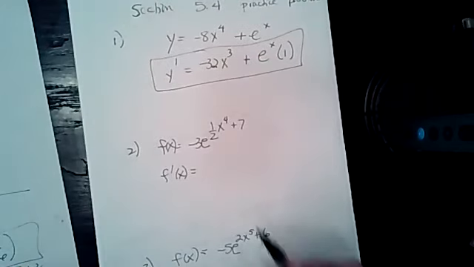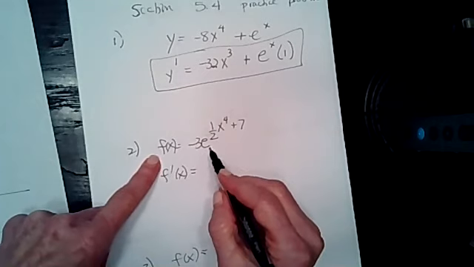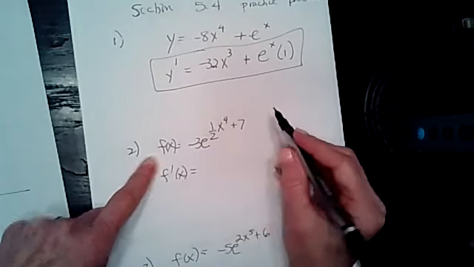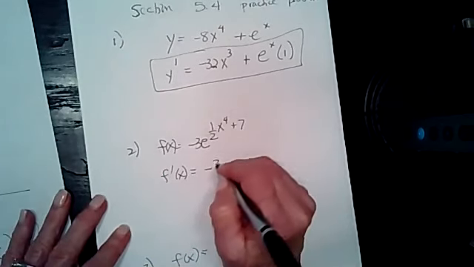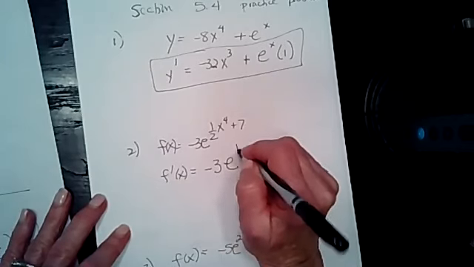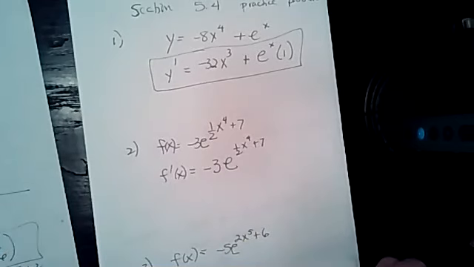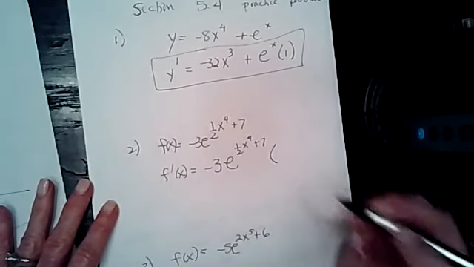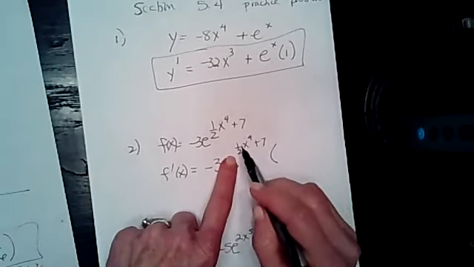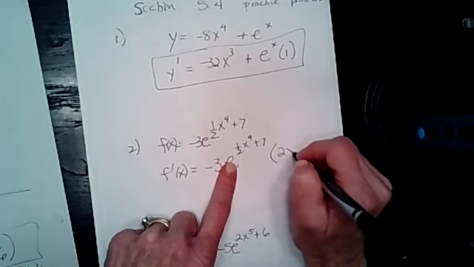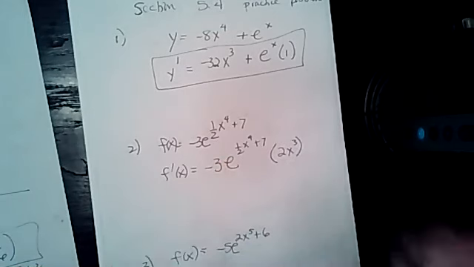All right, so number 2 is negative 3, a constant, times e to a power. So the derivative is negative 3e to the 1/2 x to the 4th plus 7. The exponent on e never changes. We just have to multiply it by the derivative of 1/2 x to the 4th plus 7. So that's 4/2, which is 2x cubed.